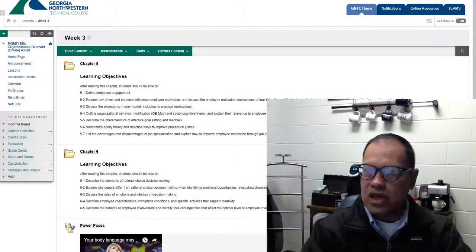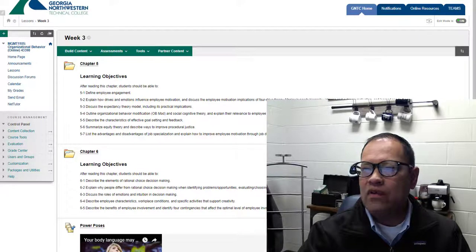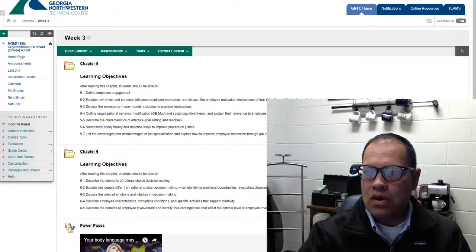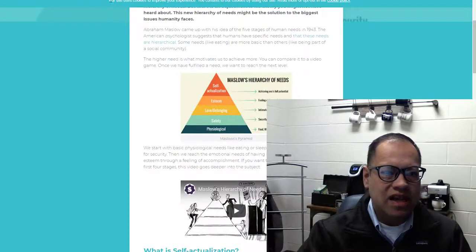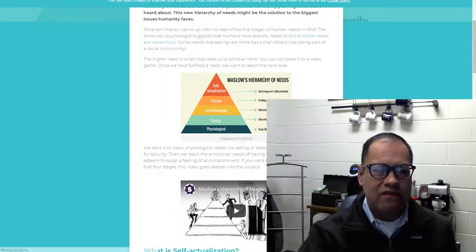Maslow is one of those topics that come up over and over again when it comes to our management process. And what we found is that many of the students that take psychology have seen this, and this is what we're looking at, Maslow's hierarchy of needs.